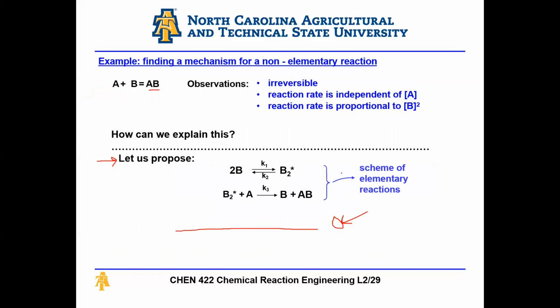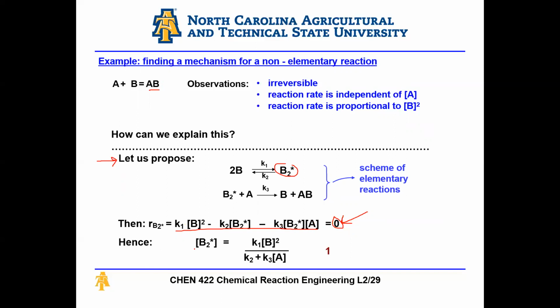Propose the mechanism, say both reactions are elementary, write the rate of change in the number of moles of B2*, my intermediate. I don't see any intermediate in the product here, so this rate of change is equal to 0, okay? And once you see this 0 right here, it gives you an opportunity to do some algebra, because I can move some of these expressions to this side and get the concentration of B2* in terms of the other species.